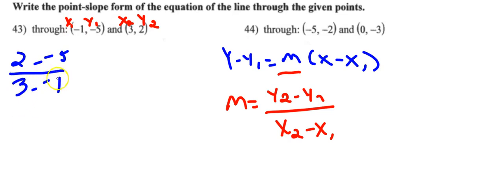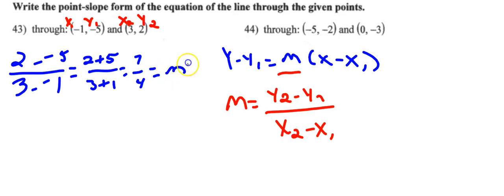Notice I said minus minus, so that's going to be 2 plus 5 over 3 plus 1 equals 7 over 4, and that's our slope. We're going to need to plug that in right here.